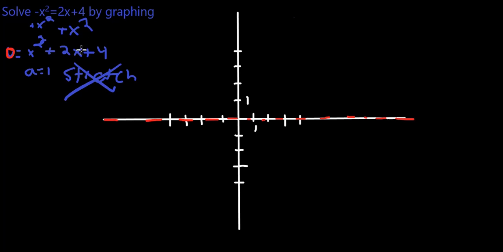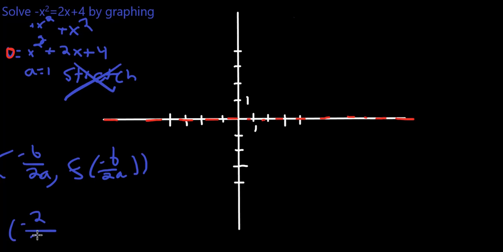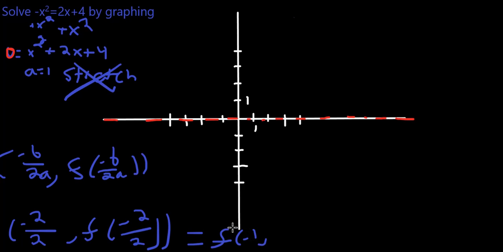We're going to find the vertex, which is at the point negative b divided by 2a, and then f of that value, because we want to find the y value of the function. So b is 2 here, so this is going to be negative 2 divided by 2, which becomes negative 1, and then f of negative 1.